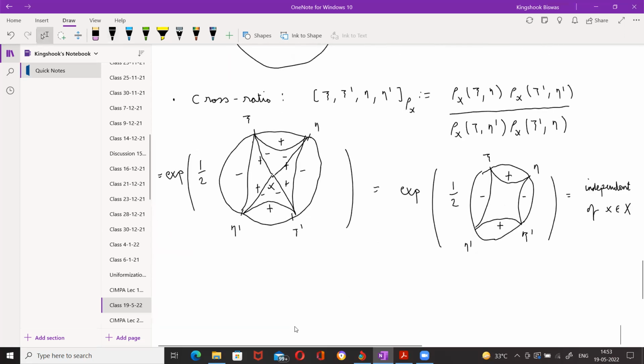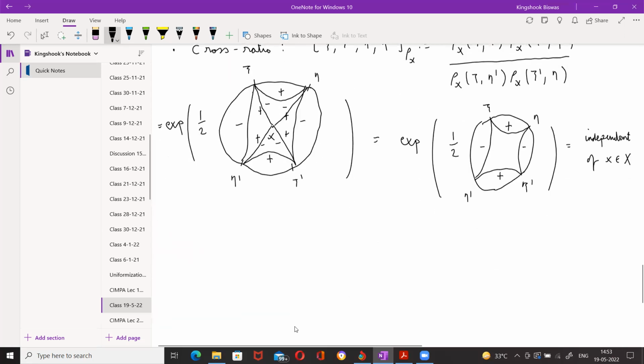So that means that for all x, y in X, the cross ratio with respect to rho x is equal to the cross ratio with respect to rho y.